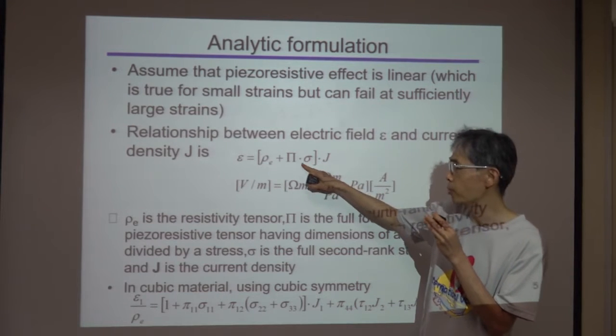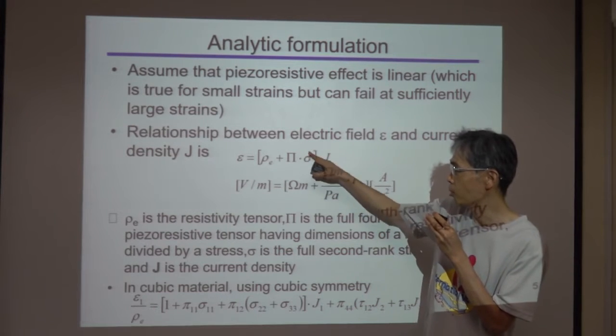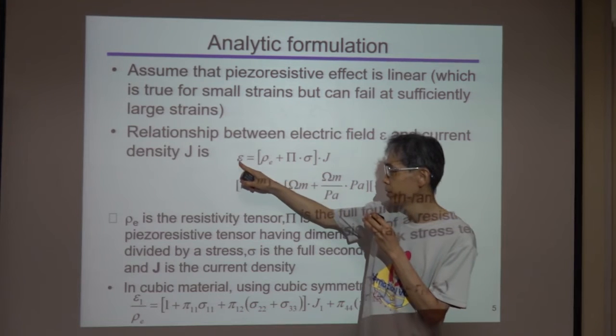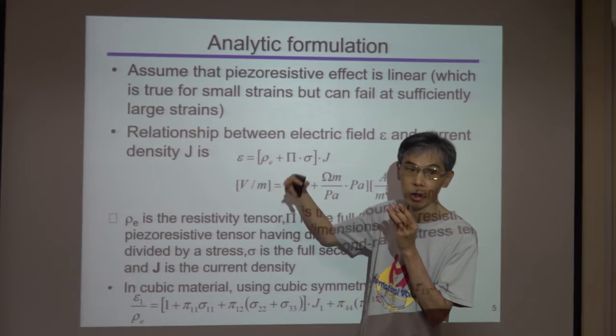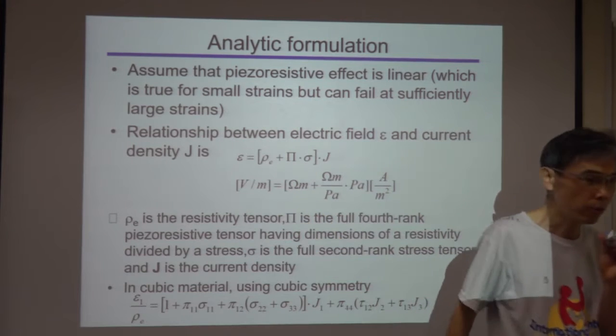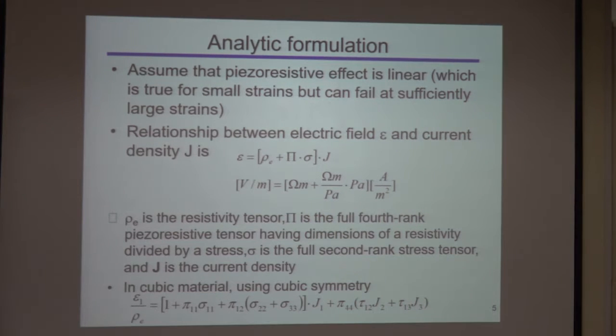So if we have pressure, meaning we have stress, we can make the resistivity change. So by measuring the resistance change, we can get our signal output. So this is the mechanism we will use for the piezoresistive pressure sensor.